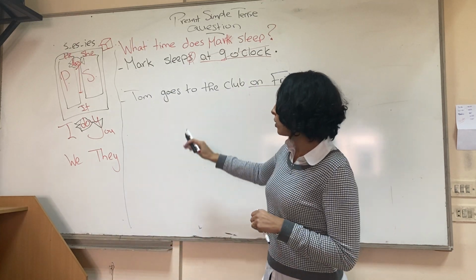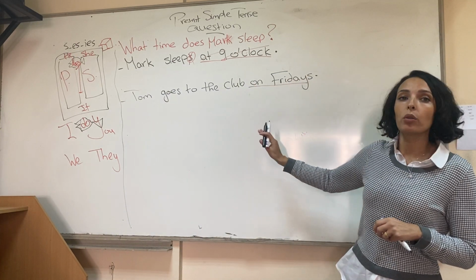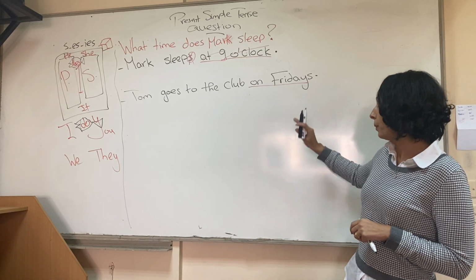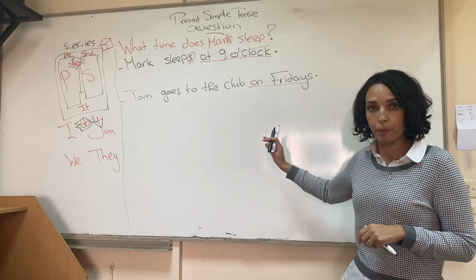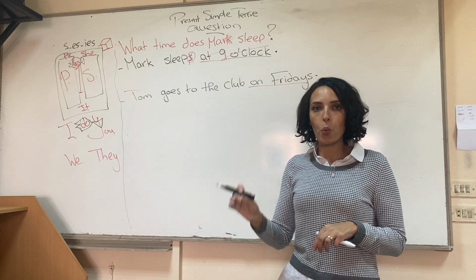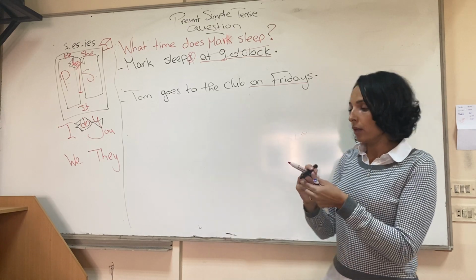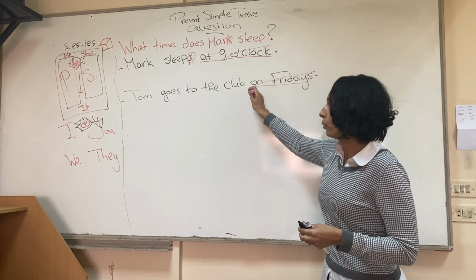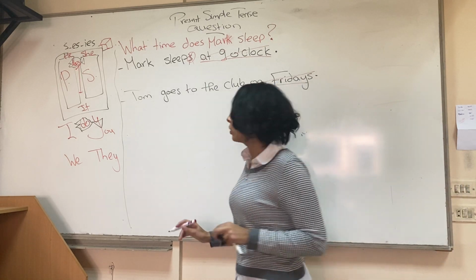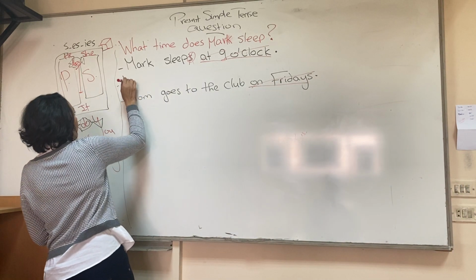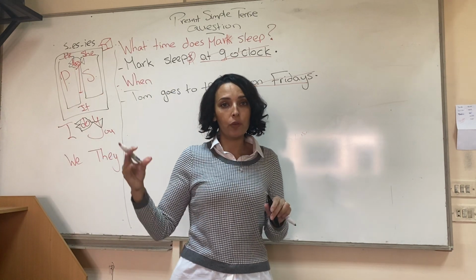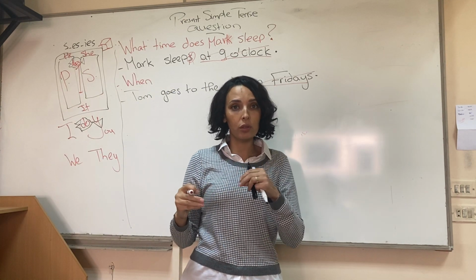My next sentence, Tom goes to the club on Fridays. I want to ask about on Fridays. This is what? Yes, time. Which question word do I use to ask about time? When. So what will you do? You cross the underlined word and then write its question word. When. As we said, after the question word, you have to use the do fish or the does fish.